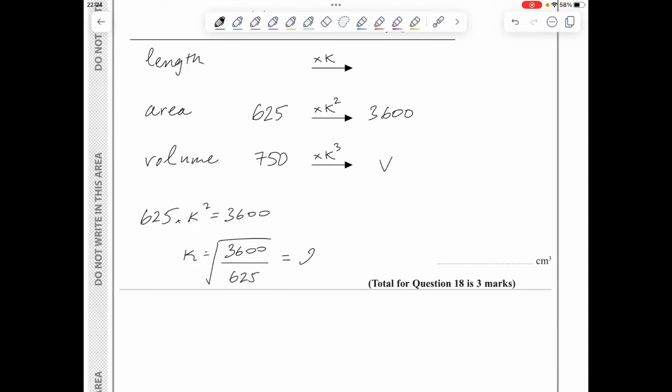This comes out to be 2.4. So now I can use that k with this volume to find V. So V equals 750 times 2.4 to the power of 3. Put this on the calculator. V comes out to be 10,368 centimeters cubed.